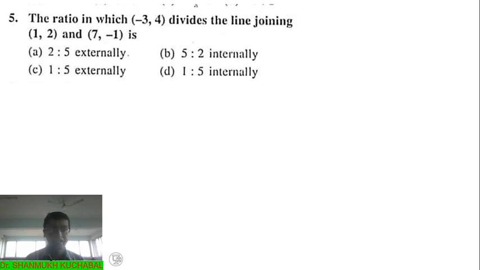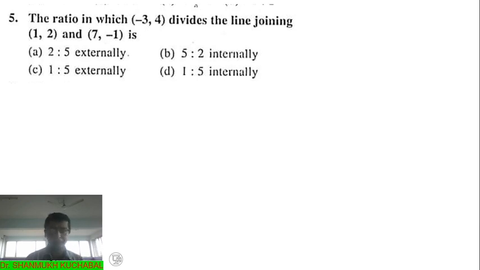Next example: the ratio in which (-3, 4) divides the line joining (1, 2) and (7, -1) is.